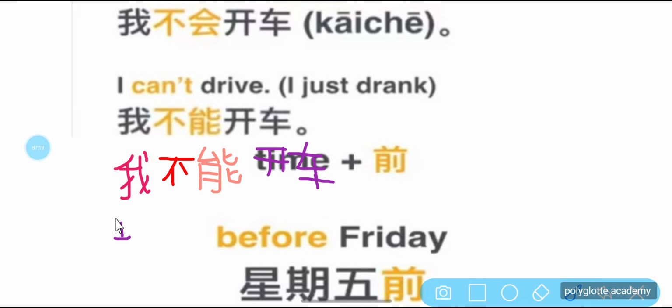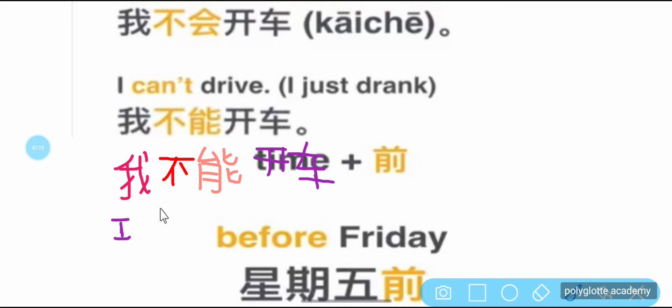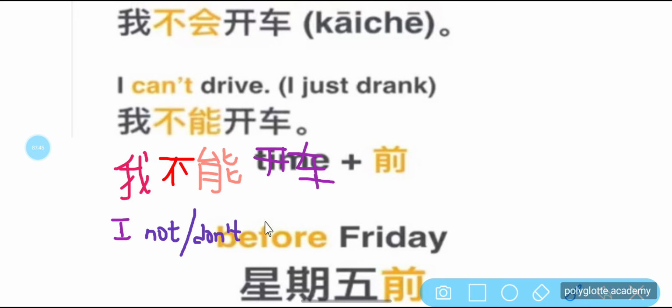So 我 is I, and we can put bu, which is not, or don't, and then we have the character neng, which means can.